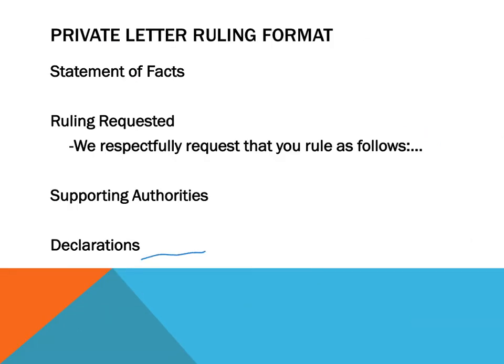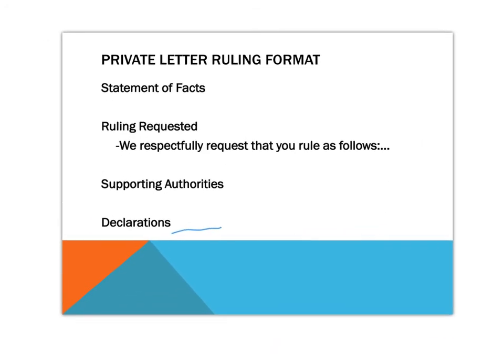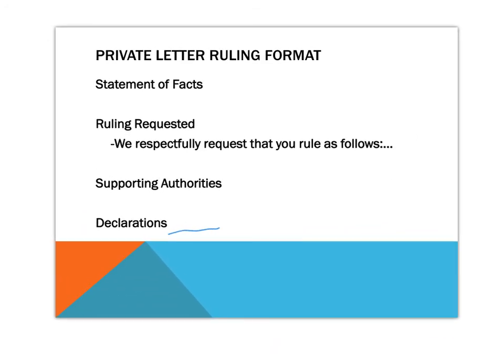Now, let's talk about a private letter ruling, okay? And the reason we're talking about a private letter ruling and the format is because it's a little bit different than your typical research memo, okay? Because with this private letter ruling, you're doing a different thing. So typically with the research memo, you're communicating with the client.